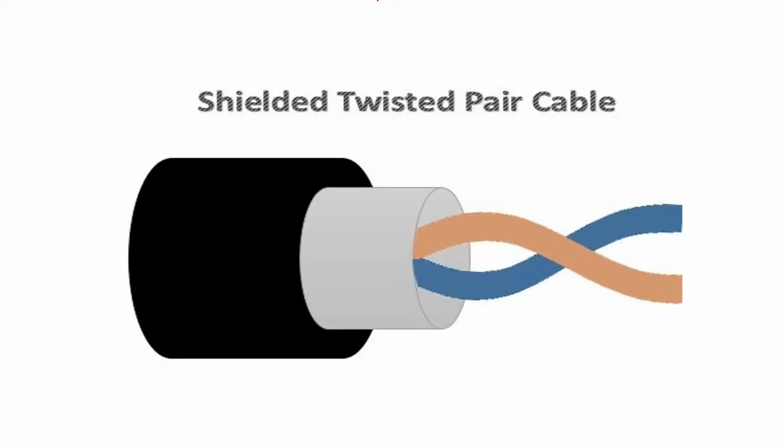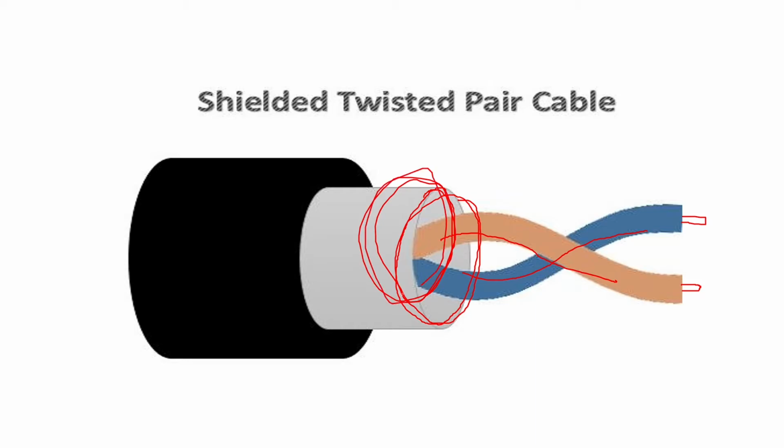Then what do we mean by STP? STP's full form is shielded twisted pair cable. This arrangement will be the same as your unshielded one. The only extra thing is the casing of mesh that you put above the twisted pair. These are your twisted pair wires, which are the same as your UTP wires, with copper conductors, and upon these wires you have this mesh.